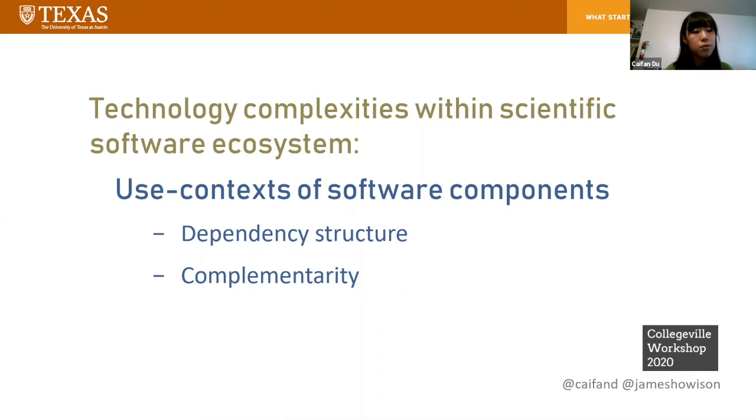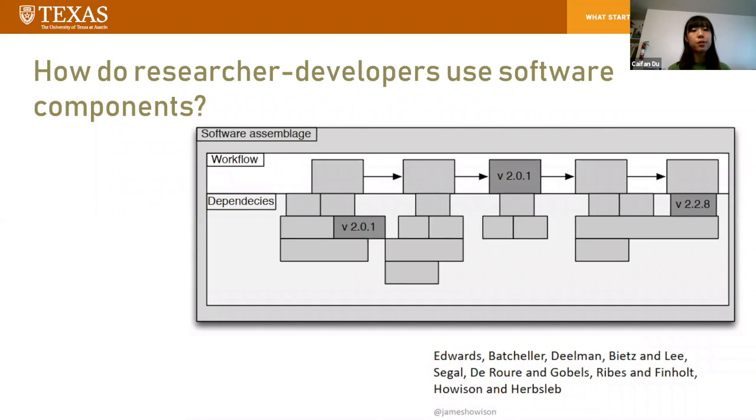And we refer to these two characteristics of scientific software technology complexity as its use context.